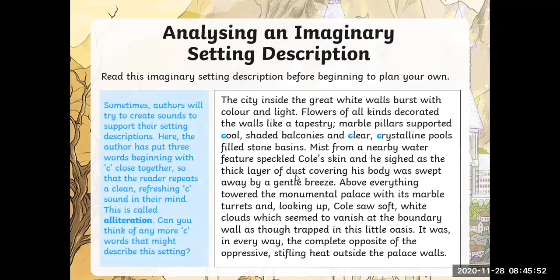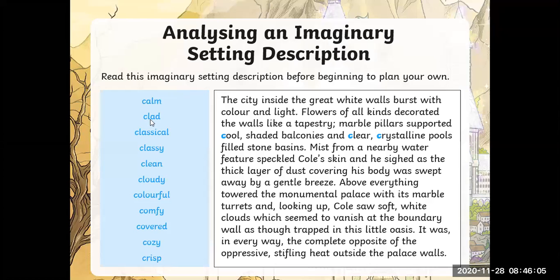This is what we call alliteration, the repetition of the starting sound. Calm, clad, classical, classy, clean, cloudy, colorful, comfy, covered, cozy, crisp. So before writing your setting description, you can think of alliterative words that you can use in your writing.